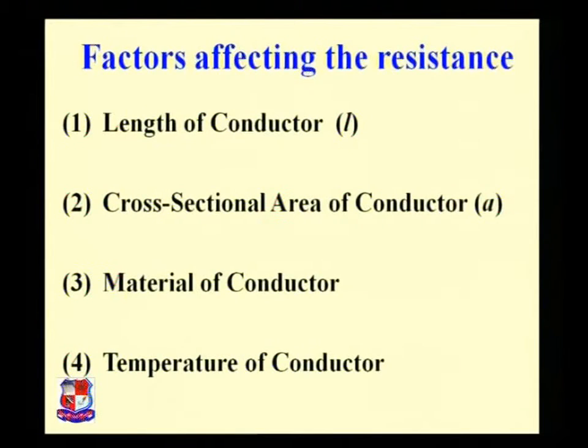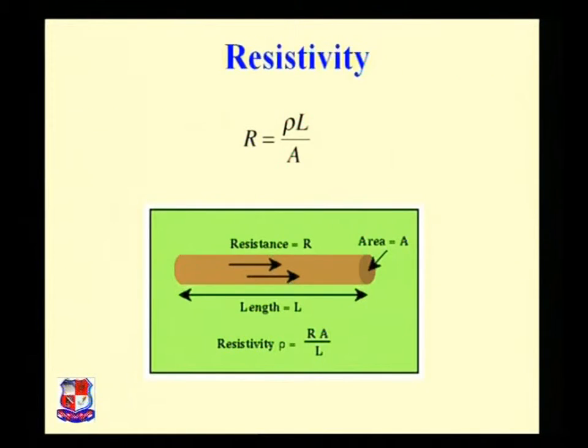Now last point: what is resistivity? From the derived equation, R equal to rho L upon A, where L is the length of the conductor, R is the resistance of the conductor, and capital A is the cross-sectional area of the conductor. Now the question arises, what is resistivity?